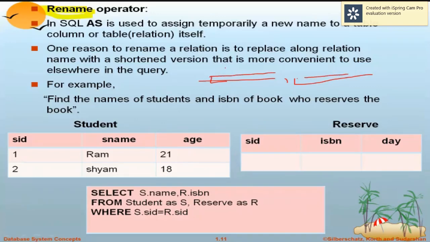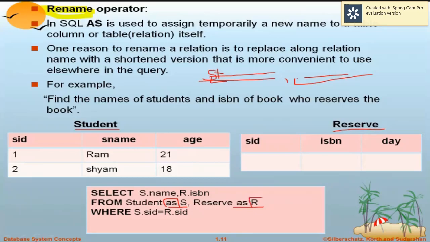For example, the table names are student and reserve, and I need not write student and reserve again and again in full form. Instead, I'm renaming the table student as S and the table reserve as R, using the command AS.